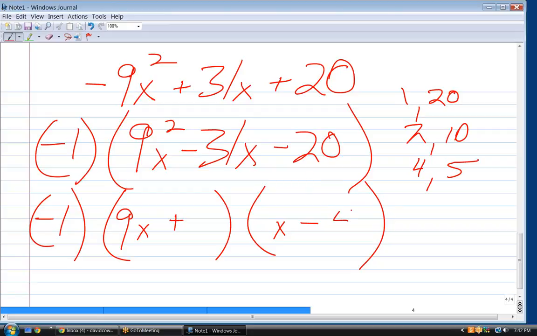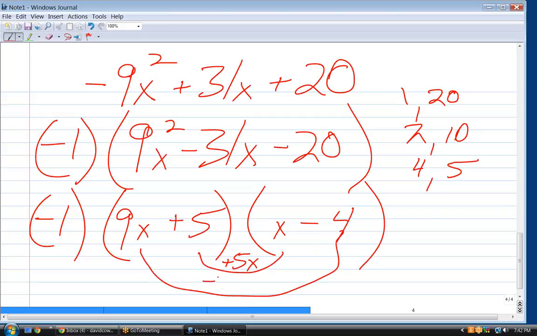Yeah, 4 over here and 5 there works. Notice that it gives us plus 5x there, minus 36x there, for a net minus 31x. Okay? So that's correct. And let me make one further statement.